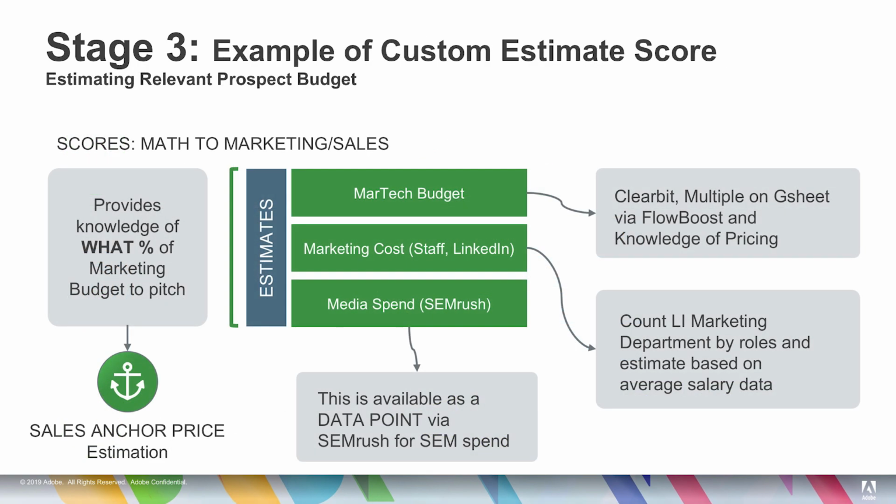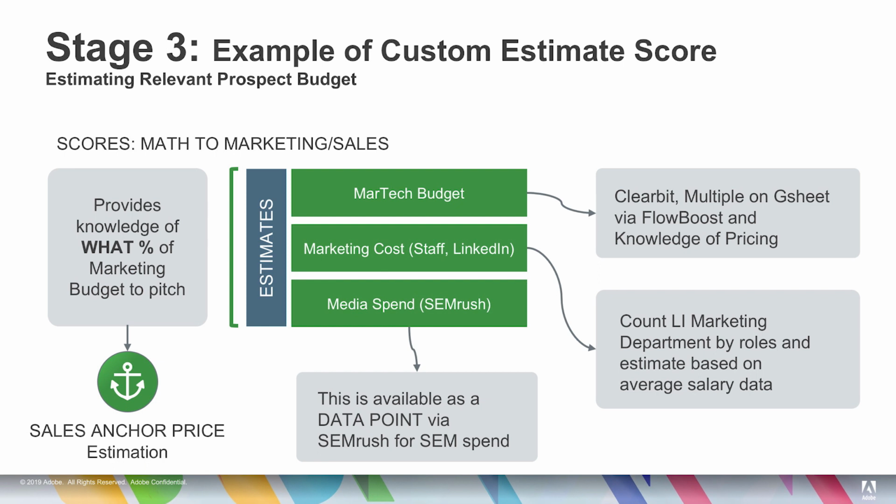And so here's a real example, an actual custom score that a MIOps team gives you the ability to build, where existing tools just can't do it. There's not enough data out there. One of those things is to estimate sales anchor price. Different people in the database, which is to say different companies, have different perspectives on what they care about when making buying decisions.